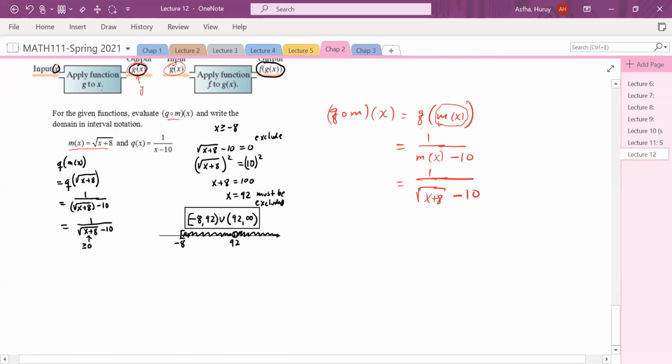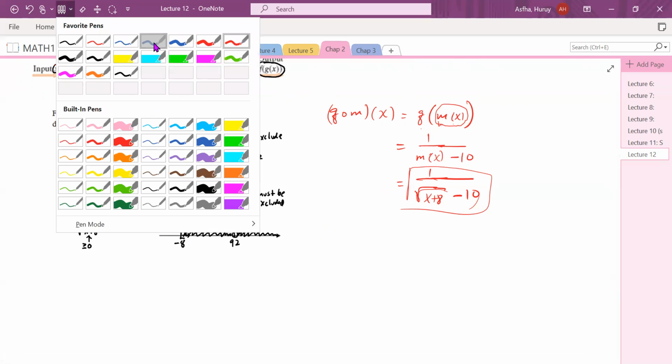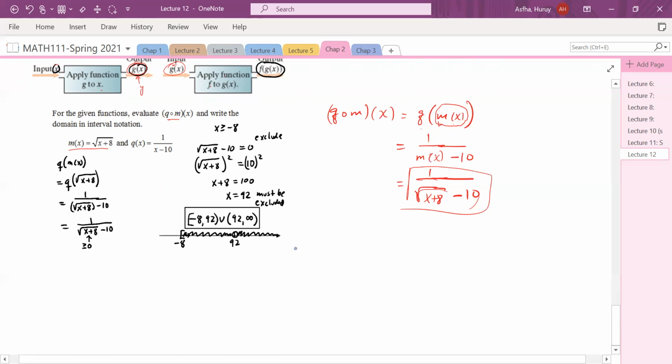Now, how do we find the domain of this function? We need to find the domain of this new function. The technique is the same again. First, we see if we need to put any restriction. And of course, we do, because we have a square root. Whenever you see a square root in a function, you have to put a restriction, because we always want the value inside the square root to be non-negative.